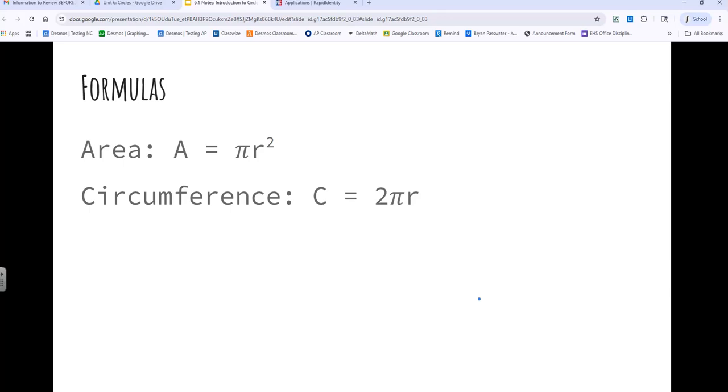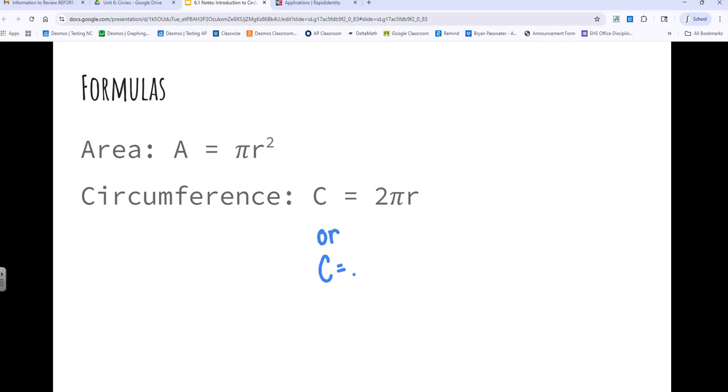Sometimes instead you can also, for circumference, notice that you've got 2 times the radius. What's the same as multiplying the radius by 2? If I have a radius and I double it, what does it give me? The length of the diameter.